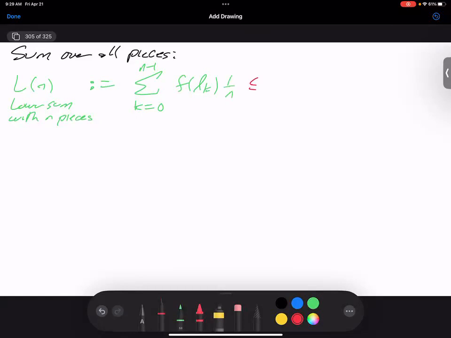This will be less than or equal to the area, and that'll be less than or equal to the sum, k goes from 0 to n minus 1, of f of uk times 1 over n, and we'll call that U sub n for the upper sum. What do you hope happens as n gets larger and larger and larger? What would you hope happens?